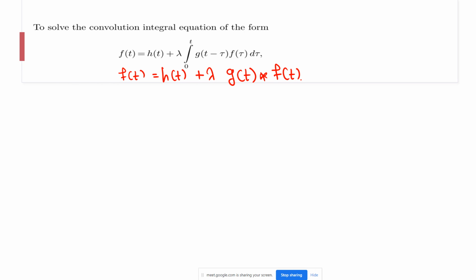That means if I apply the Laplace transform, then f of t will become F of s. That means F of s is nothing but Laplace transform of f of t. Since it is a transform, that means it is linear, so I have plus lambda. What would be the Laplace transform of this? f of t, g of t.